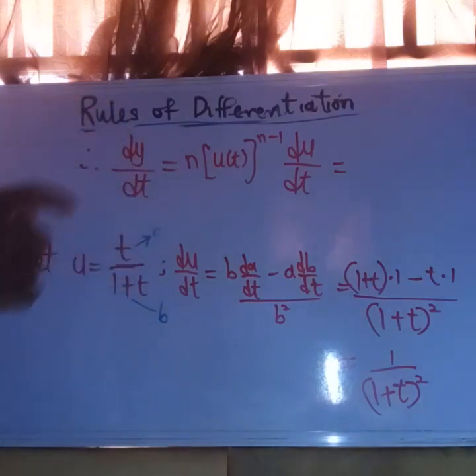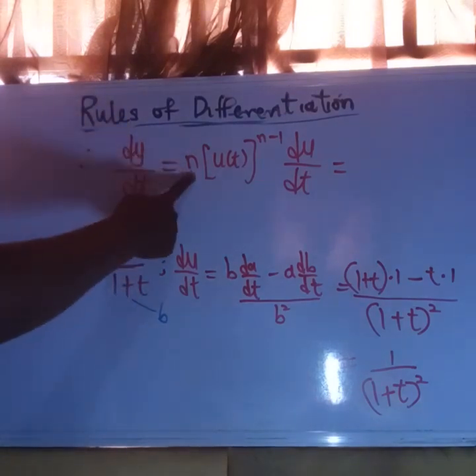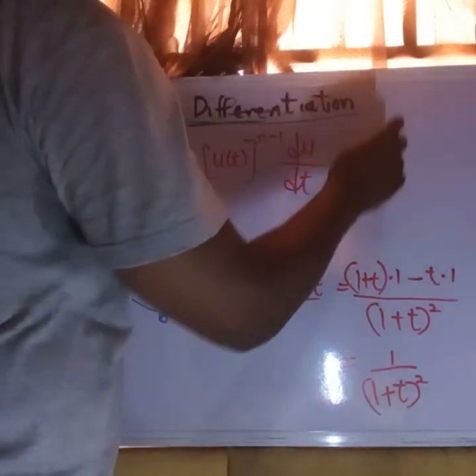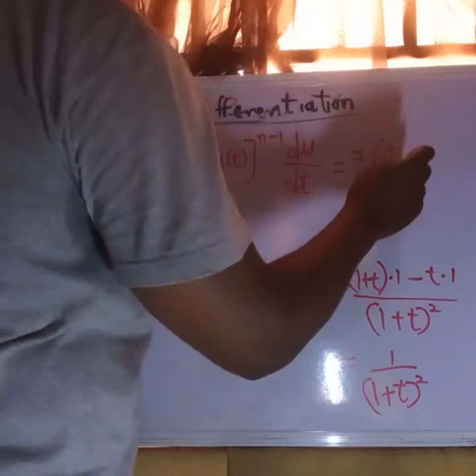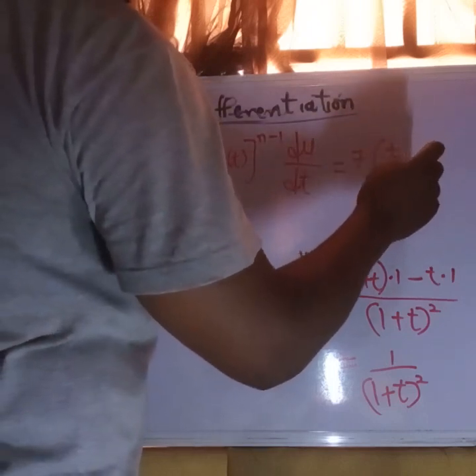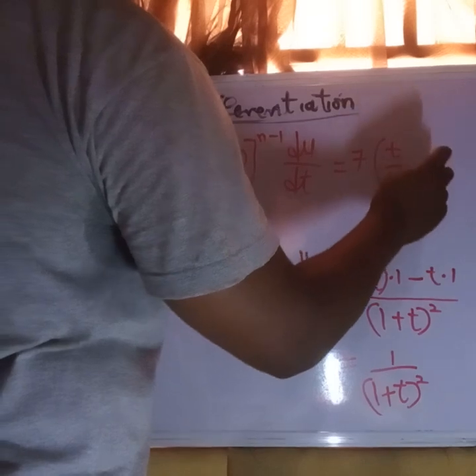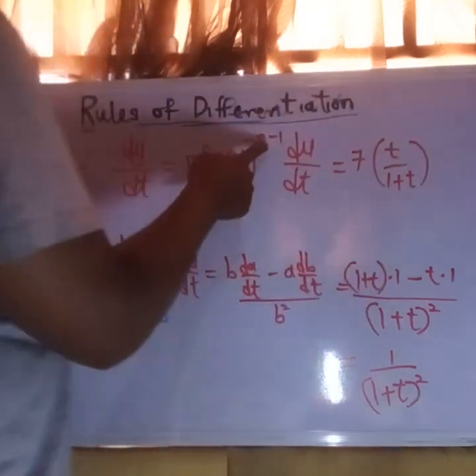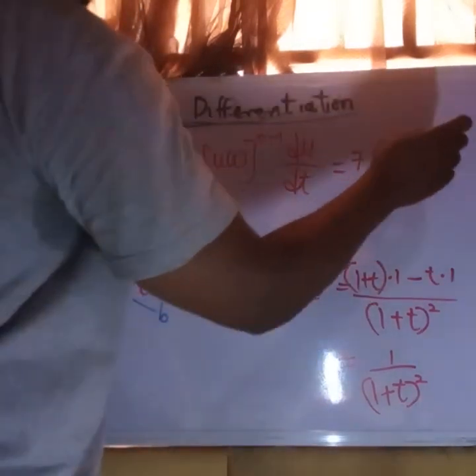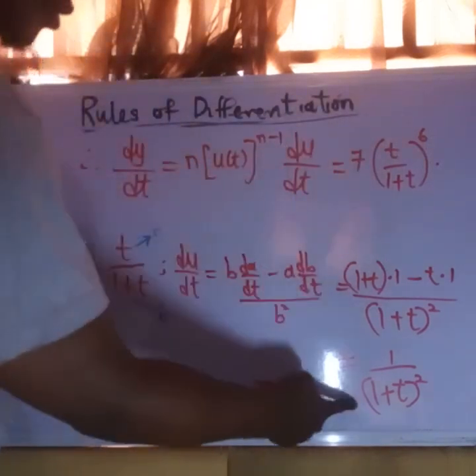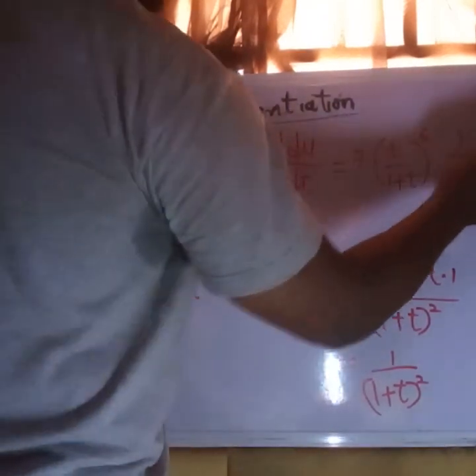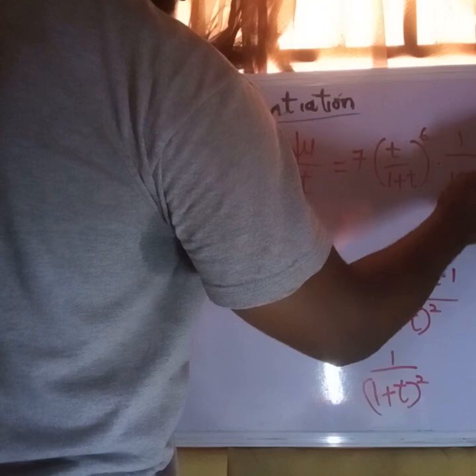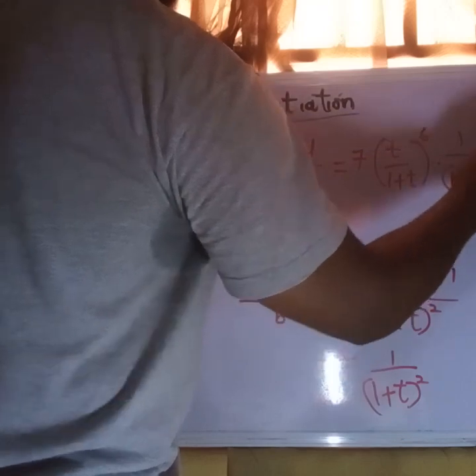If you compare this with the formula, this n is 7, and u is t over 1 plus t. 7 minus 1 will be 6. Then multiply by du/dt, which is 1 over 1 plus t squared.